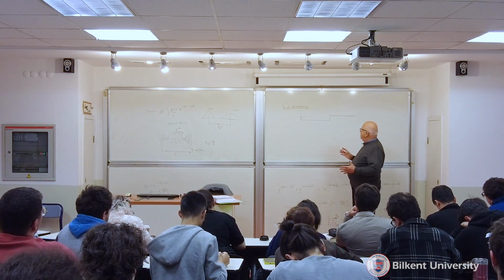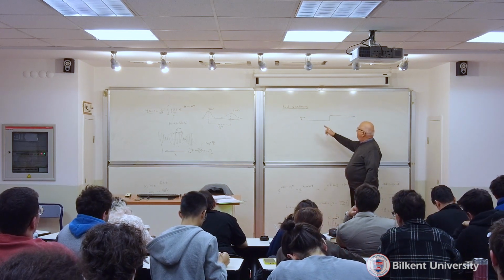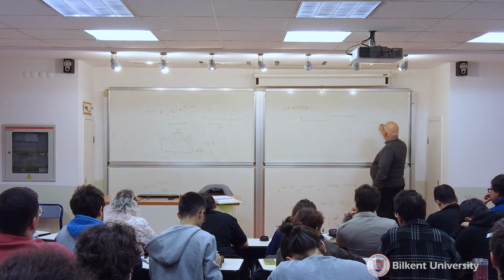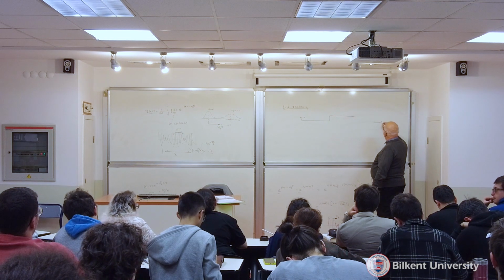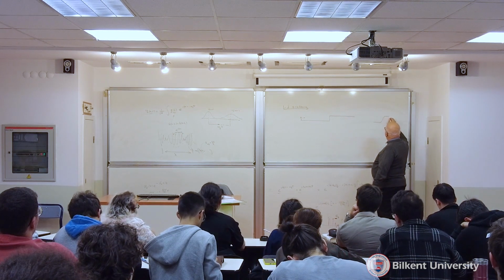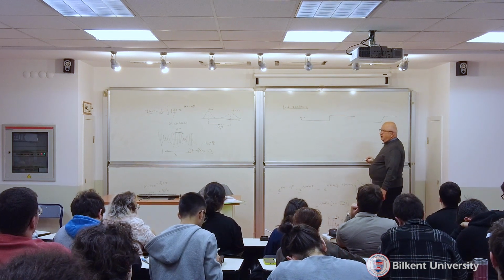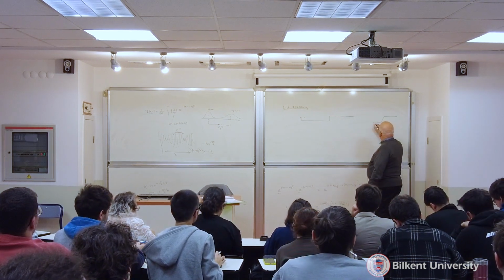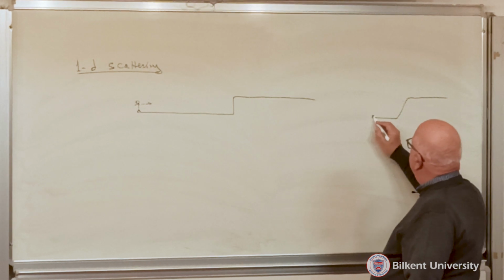Now, classically, what would happen if I have a barrier? So let's look at the classical experiment. Let's just smooth out this wall a little bit so that classically we avoid the finite size problems associated with the object.